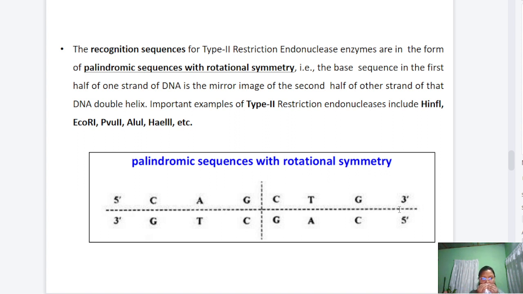That is, the base sequence in the first half of one strand of DNA is the mirror image of the second half of the other strand of the double helix. Important examples of type 2 restriction enzymes include NIF-F1, ECO-R1, PVU2, ALU1, and AHE3. These are some examples of restriction enzymes.